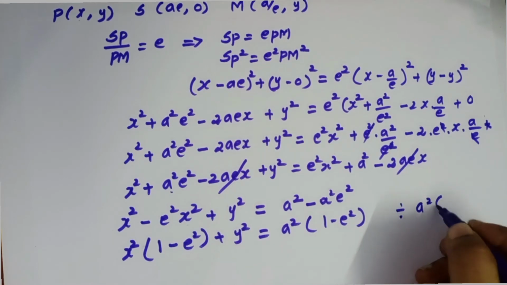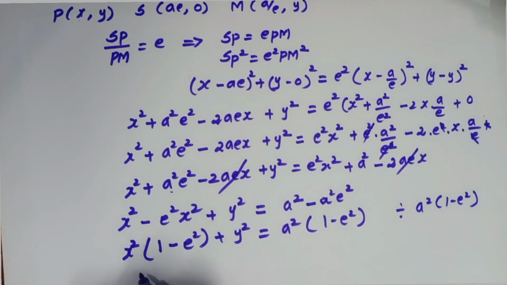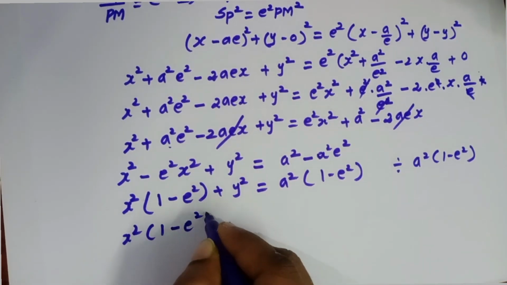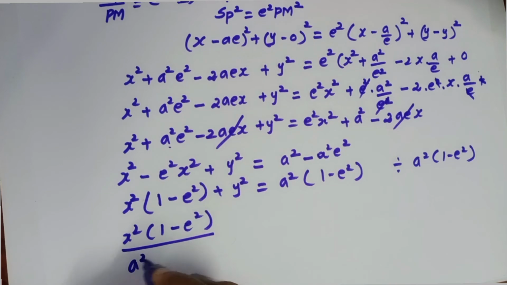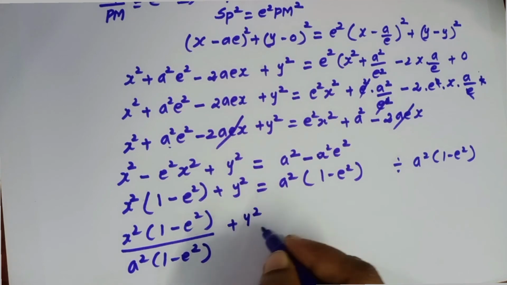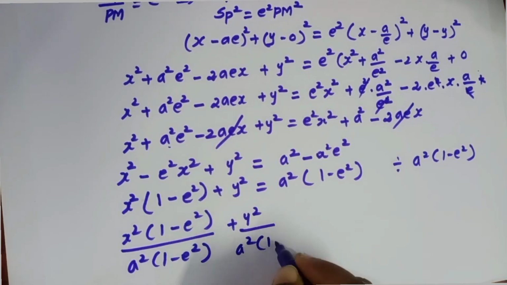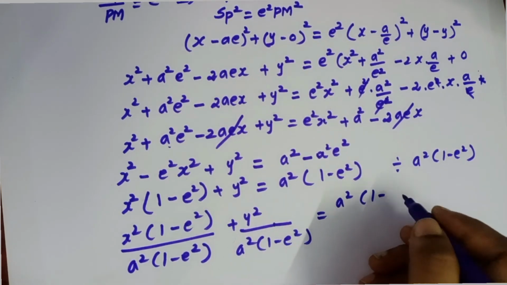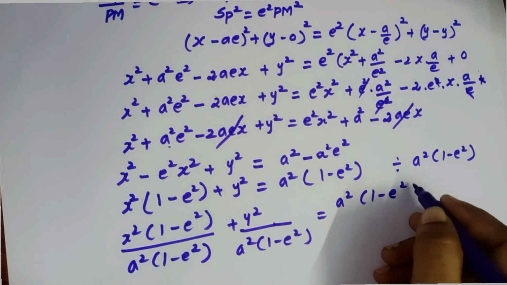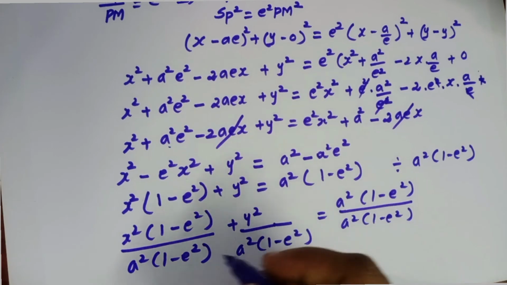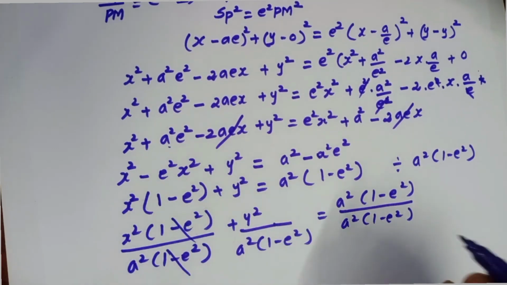Divide throughout by a squared into (1 minus e squared). So you get x squared into (1 minus e squared) by a squared into (1 minus e squared) plus y squared by a squared into (1 minus e squared), which is equal to a squared into (1 minus e squared) by a squared into (1 minus e squared). So (1 minus e squared) and (1 minus e squared) will get cancelled.